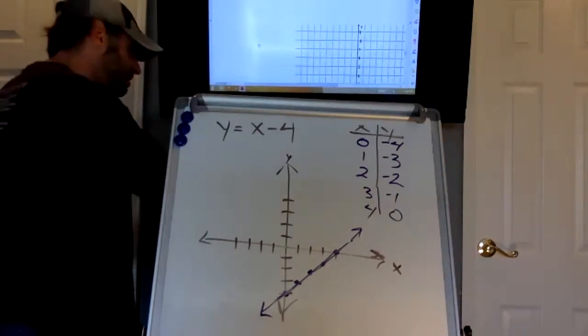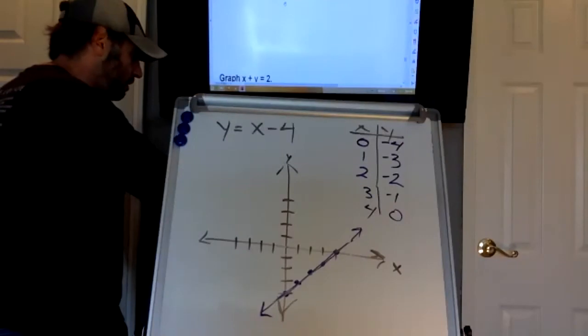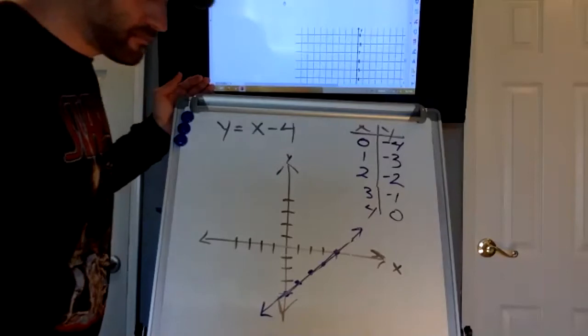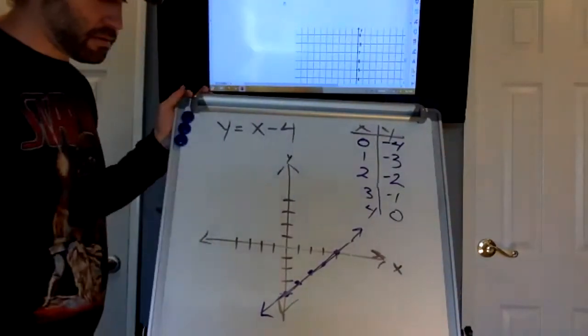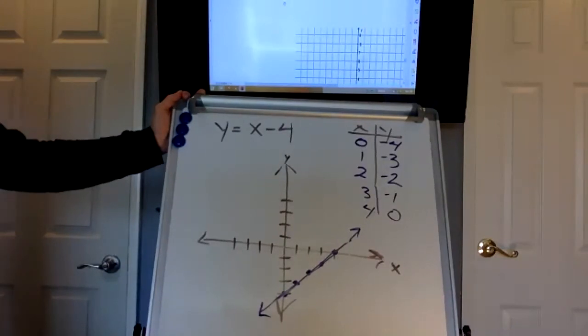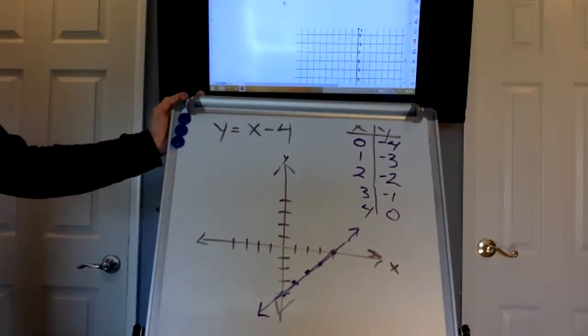Okay, moving along. Let's see what we have next for you guys. Okay, try this one. X plus Y equals 2. I had a question about this problem. Okay, the one that's on the board. If the first ordered pair is X is 0 and Y is -4, why are they both on 4?